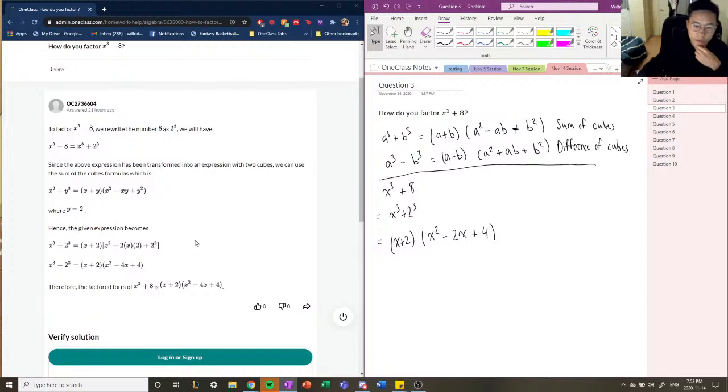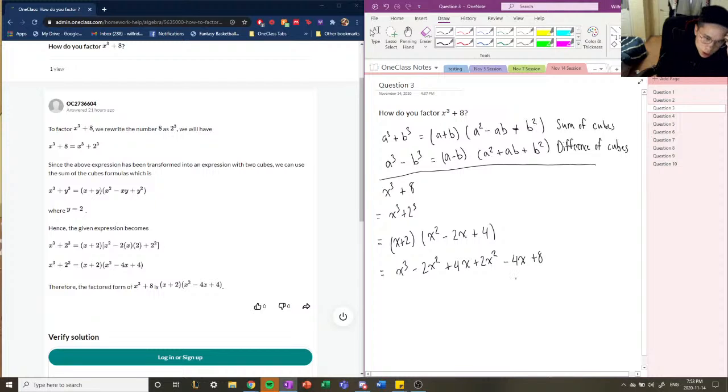Let me just check the math here before I do anything. So let's expand this. It's x cubed minus 2x squared plus 4x plus 2x squared minus 4x plus 8. Did I do that right? Yes, I did. So this cancels out, this cancels out, this cancels out, this cancels out.